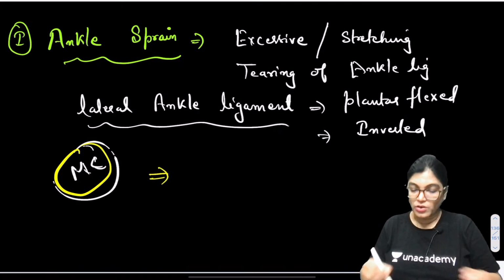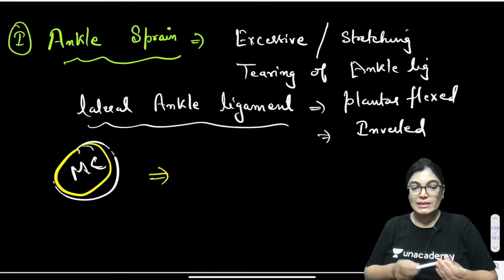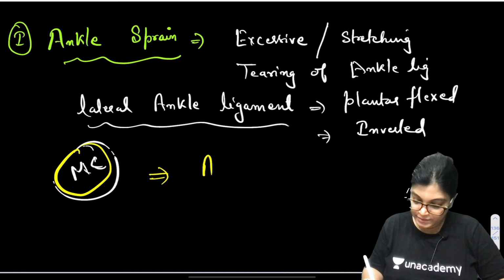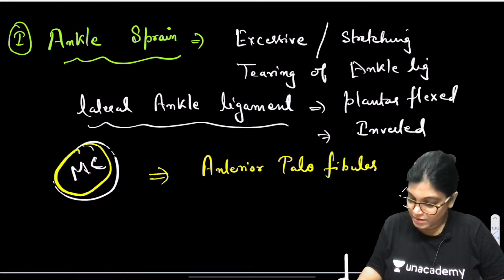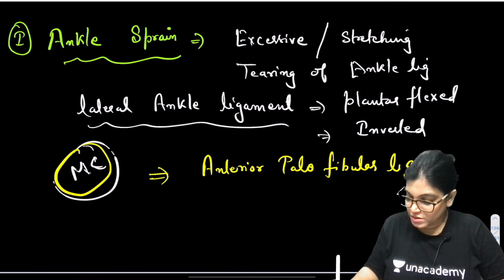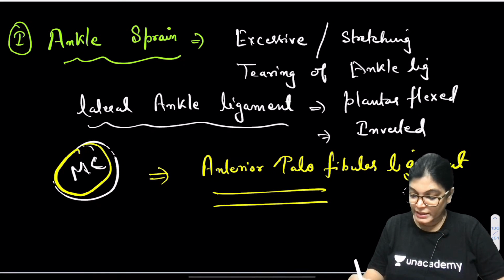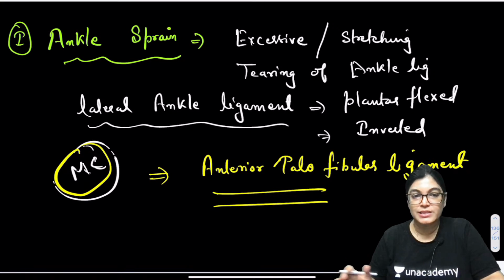So, all of you please write down, in the lateral ligament, the component we have is the anterior talofibular ligament. If you have to select one component among the ligaments being stretched, the most important one is the anterior talofibular ligament.